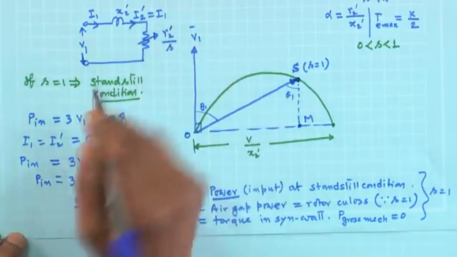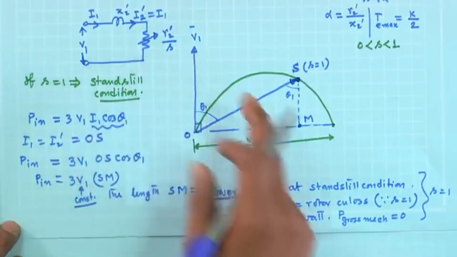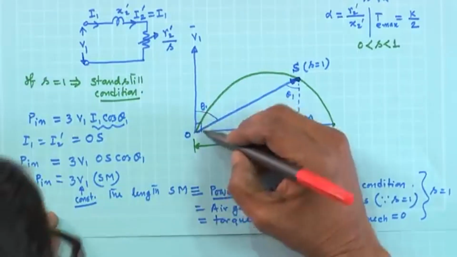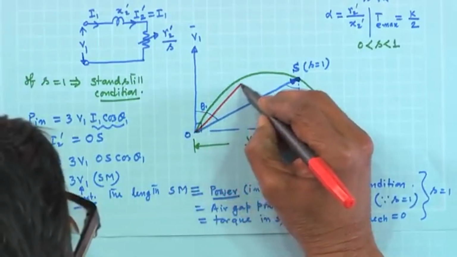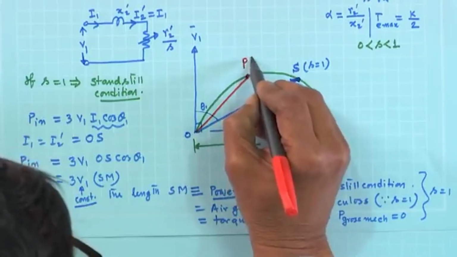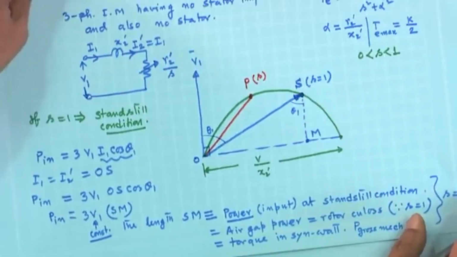Let me write it, R2 dashed by S. S is some finite value, and it will then be located somewhere here perhaps. So, the operating point P is at slip S, this is the value of the slip.